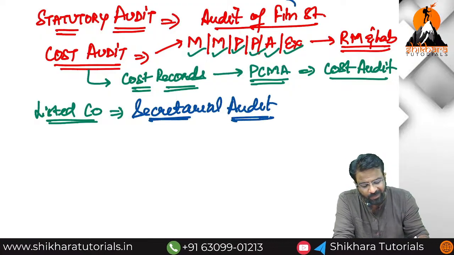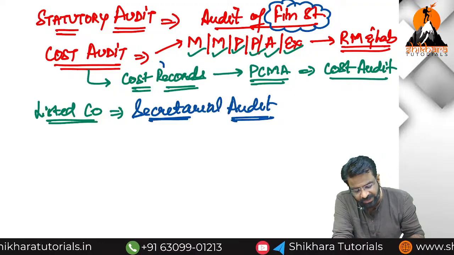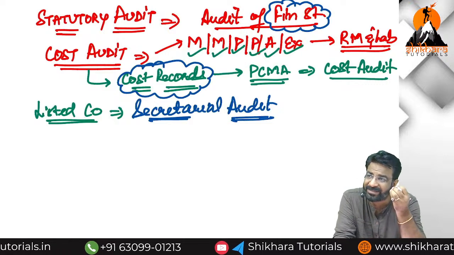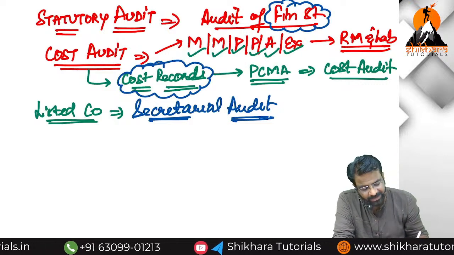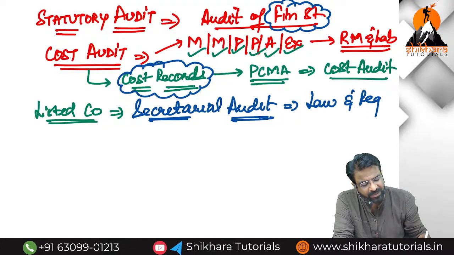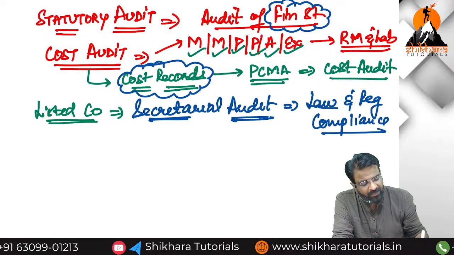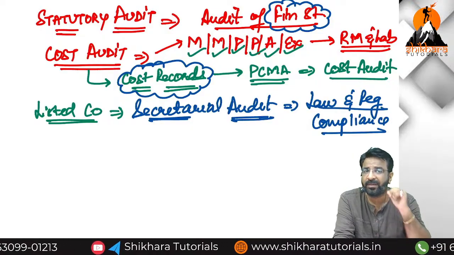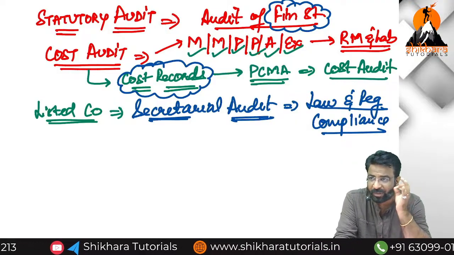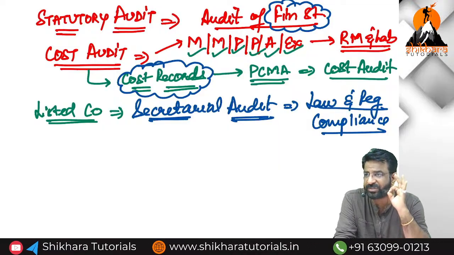Now the question is, sir, statutory audit is an audit of financial statements. Cost audit is an audit of cost records. What does a practicing CS audit? Secretarial audit is an audit of law and regulation compliances. Repeat after me. What do you mean by that? Whether the company is following its laws properly or not, regulations properly or not, compliances properly or not.